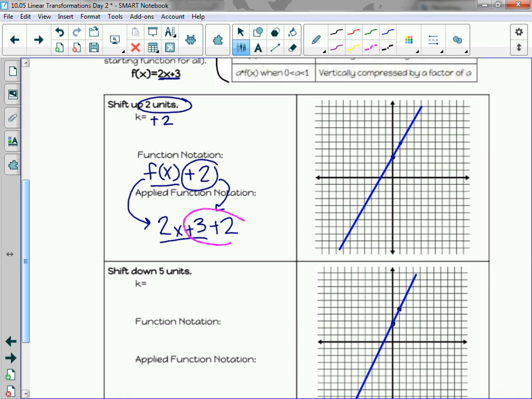Here we have 2 constants that we can add together to be 2x plus 5. So when we graph 2x plus 5, 1, 2, 3, 4, 5, and a slope of 2, our lines are parallel. This line just went up 2 units.